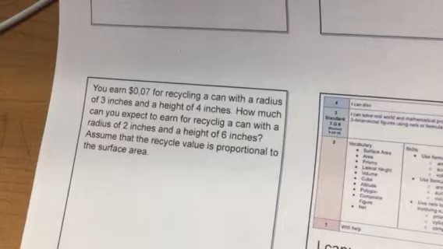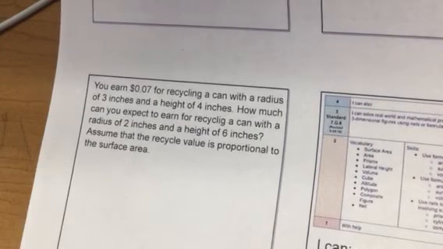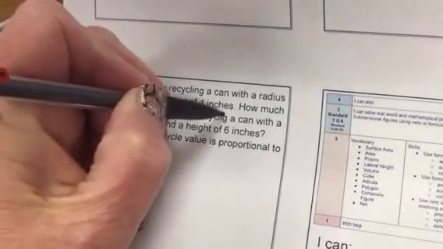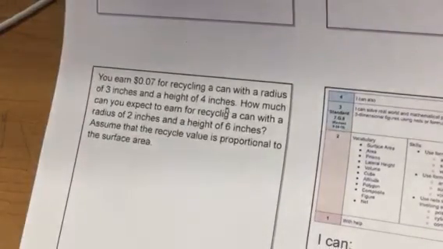Now, this next one, you're spending 7 cents to recycle a can with a radius of 3 and a height of 4. What if we would recycle, typo, sorry, a can with a radius of 2 and a height of 6? How much would we get?